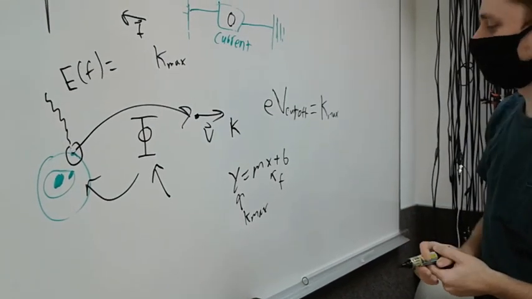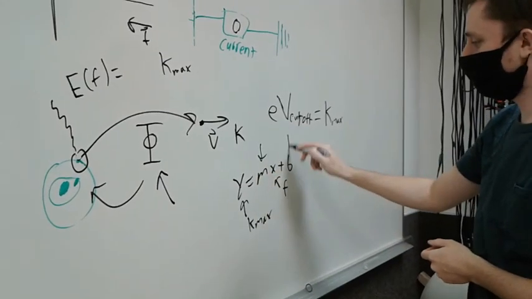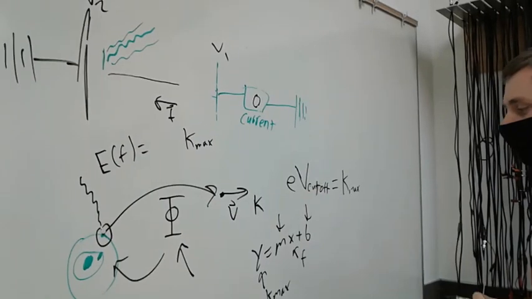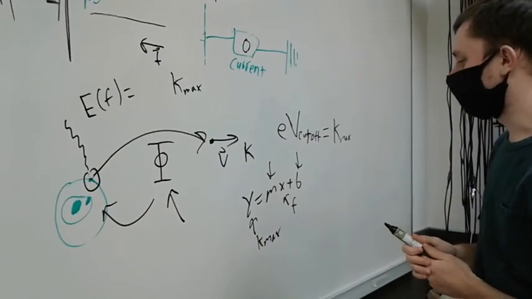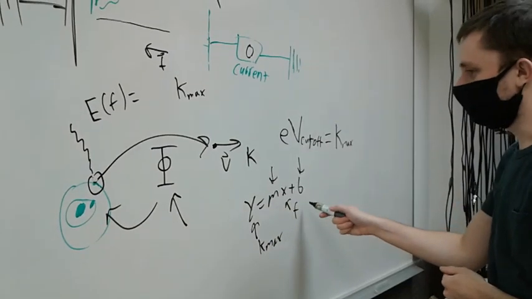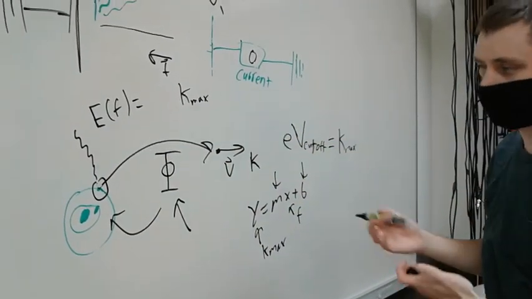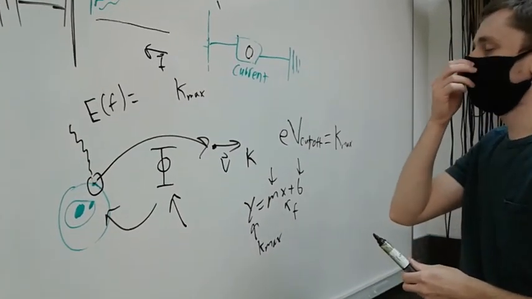We can plot this and find the slope m and the intercept b from our data. We're going to do that in Excel in the next part. The key thing is, what do this m and b mean in regards to the work function or Planck's constant?